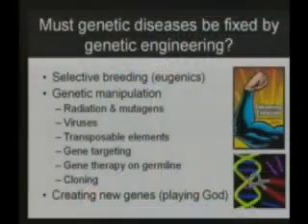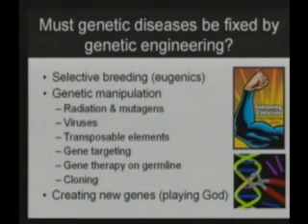Selective breeding. But it's not a very accurate way, it's not a very quick way of getting genes that you want into populations and genes that you don't want out of populations. So the new genetics allows various techniques of genetic manipulation. We've known for a long time that radiation and mutagenic chemicals can manipulate genes, but not very effective.